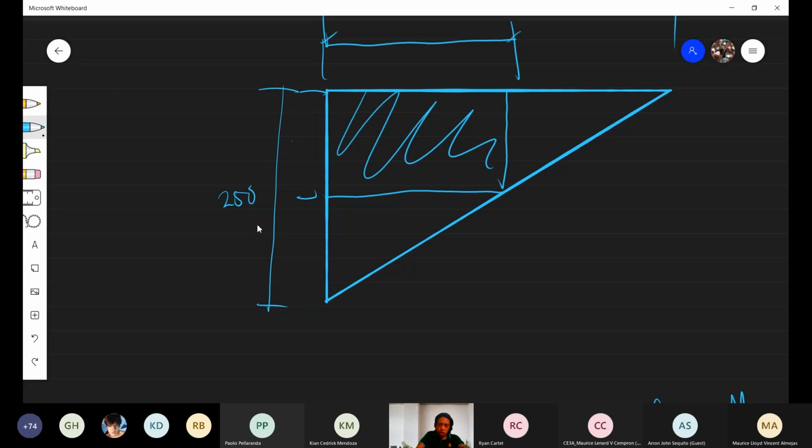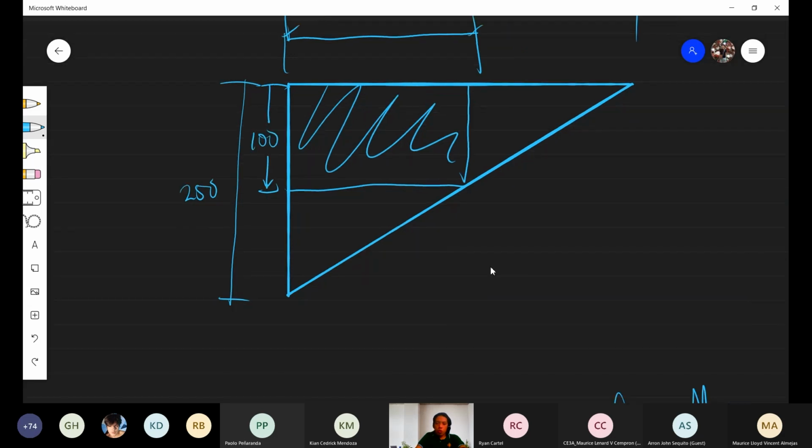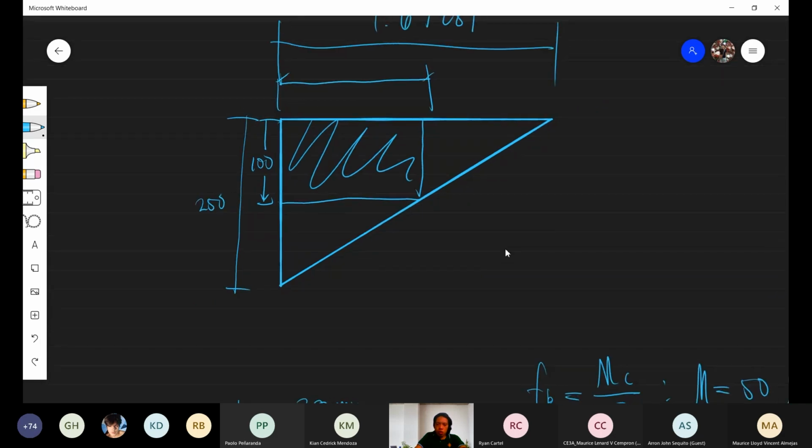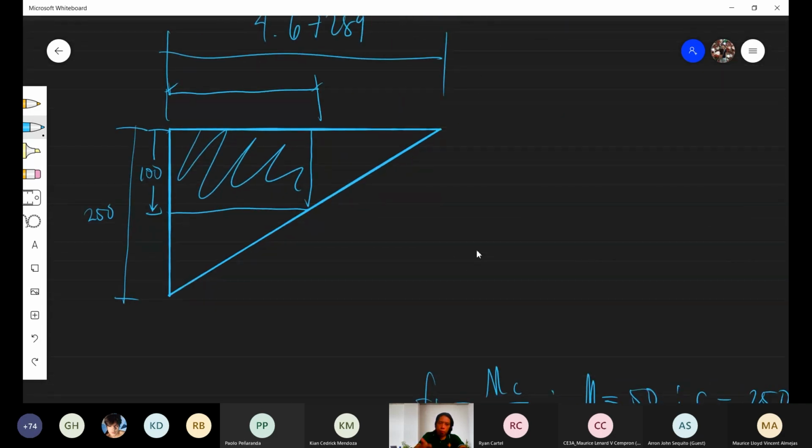Okay, so in solving for this distance, using the big triangle, you will have 4.67289 all over 250.